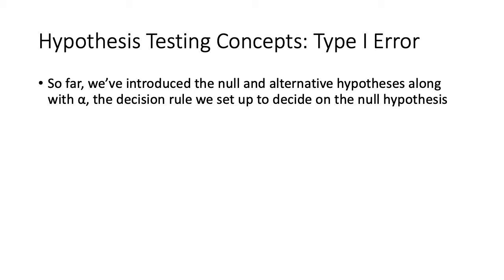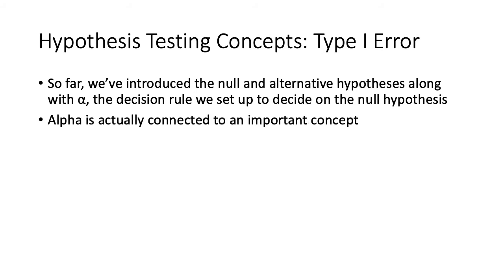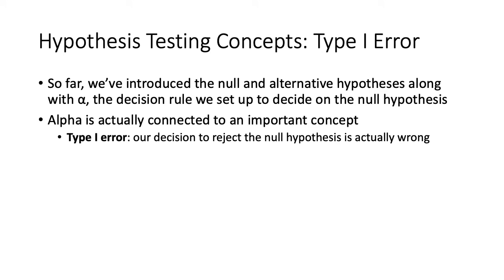So we've now seen a little bit about null and alternative hypotheses and how to use the decision rule. Let's talk a little bit about alpha for a minute, and about the fact that this null hypothesis significance testing procedure is not a perfect procedure. Even though in our experiment we saw that 9 out of 10 people ate more, that could have been a fluke.